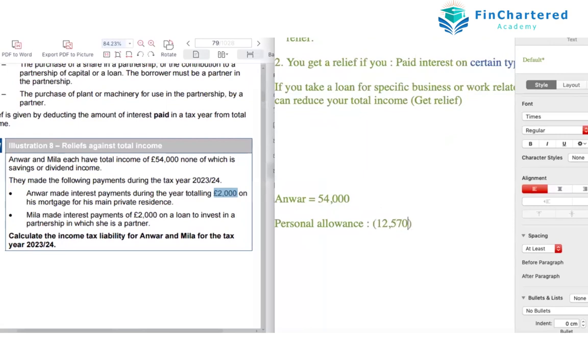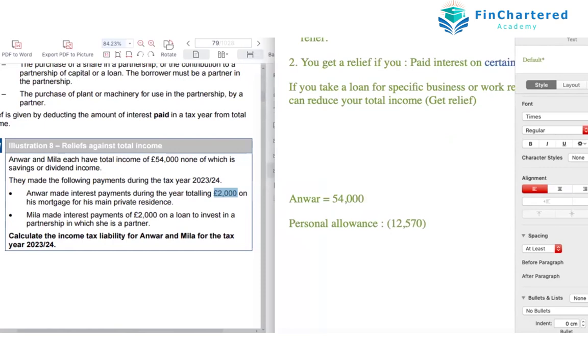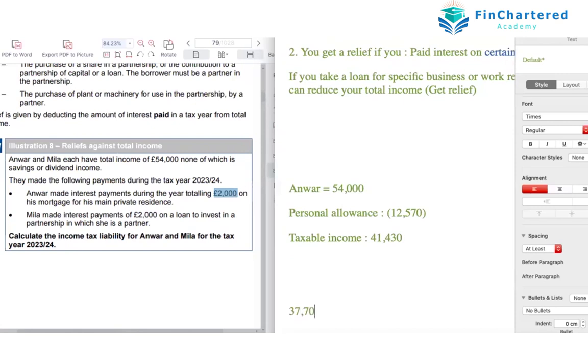12,570. Right? So, how much is his taxable income? 41,430. And you know that up to 37,700, we will tax at 20%, which should be how much? 7,540.